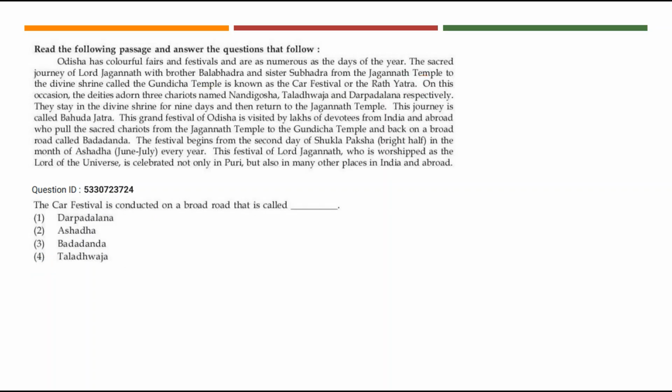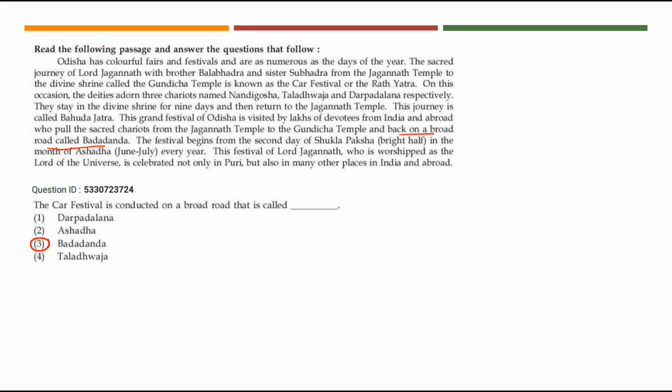The Car festival is conducted on a broad road that is called, here they have mentioned, this grand festival of Odisha is visited by lakhs of devotees from India and abroad who pull the sacred chariots from Jagannath temple to Gundicha temple and back on a broad road called Badadanda. So to and fro they use the broad road called Badadanda. It is available in option number 3. Option 3 will be the right answer.